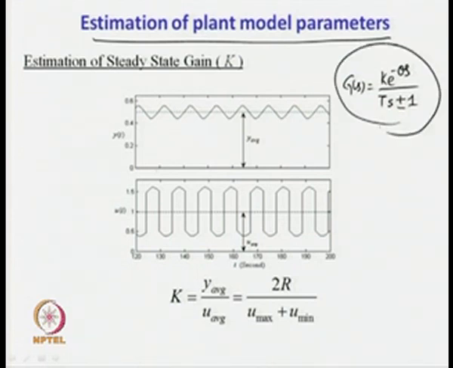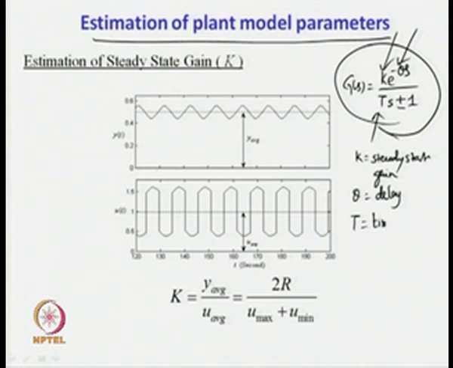We find that this transfer function model has 3 unknowns: k, theta and T. Now, k is the steady state gain of the plant, theta is the time delay, and T is the time constant of the dynamics of the system.